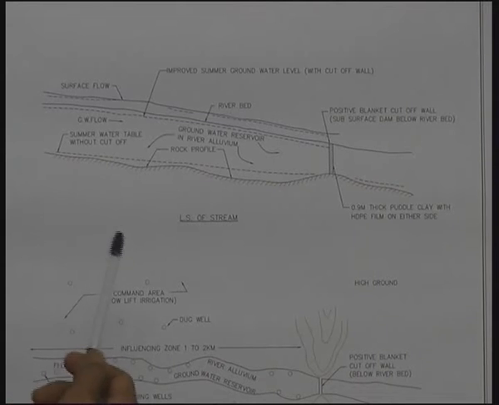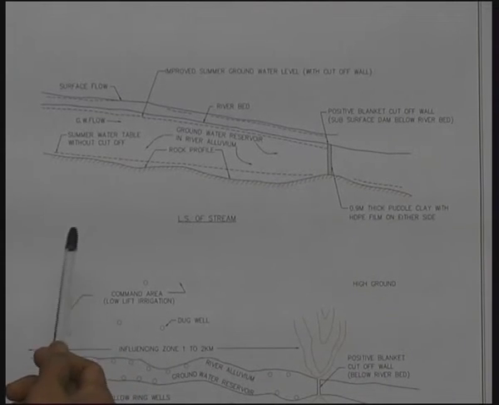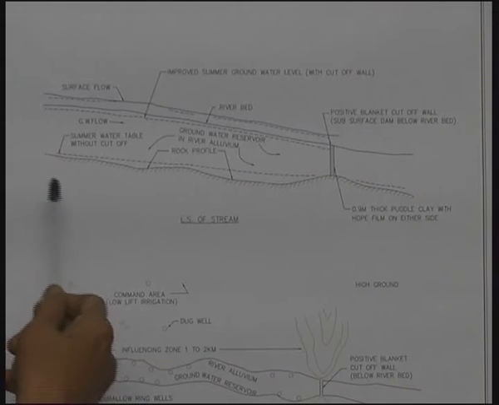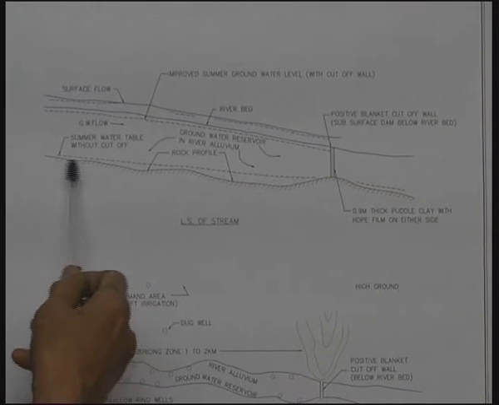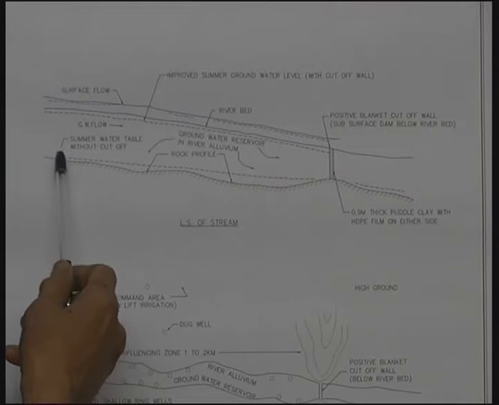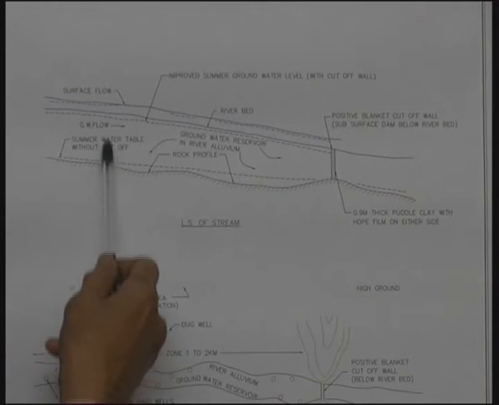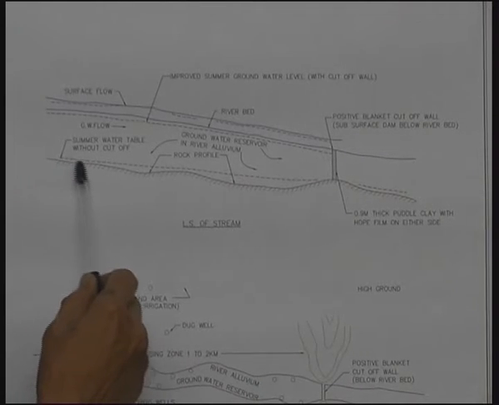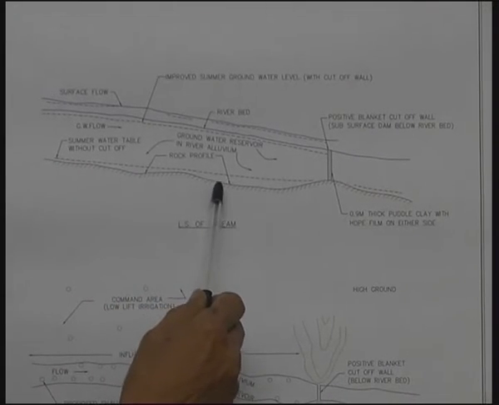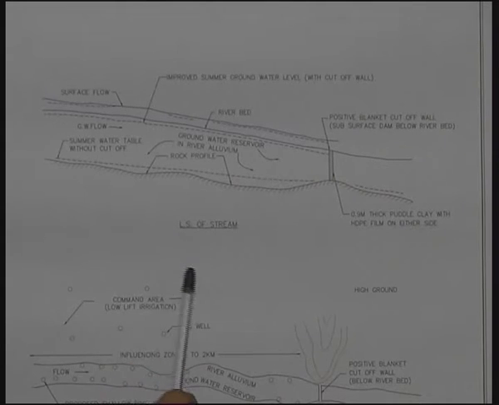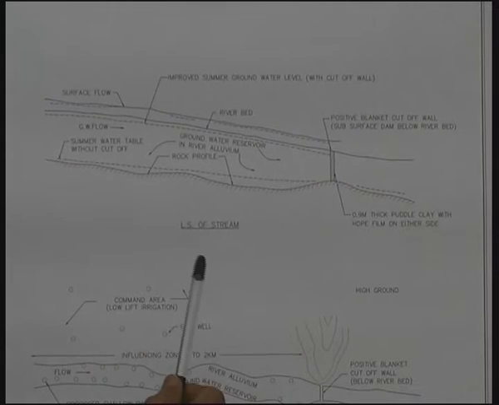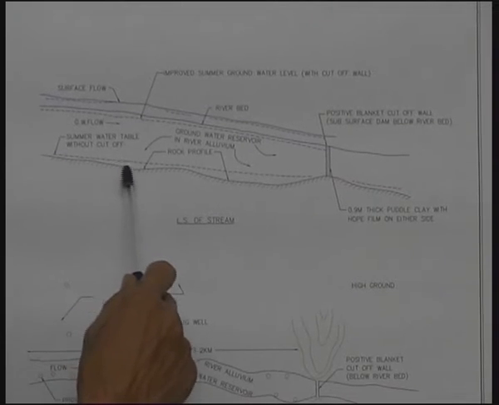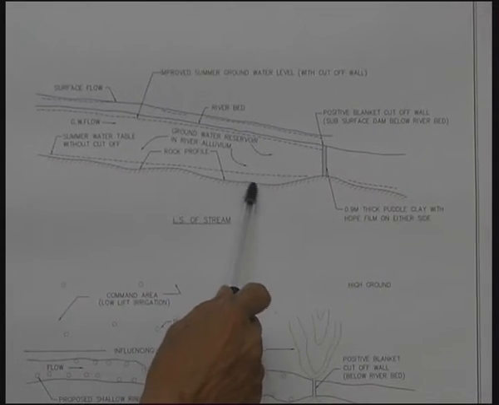It could be fine sand, coarse sand, or it could be clay also in some cases. Lenses of clay could be there, and the groundwater is stored in this alluvium. Now this is the sheet rock, not disintegrated rock or fractured rock or any such thing, but hard sheet rock, what we call fresh rock.